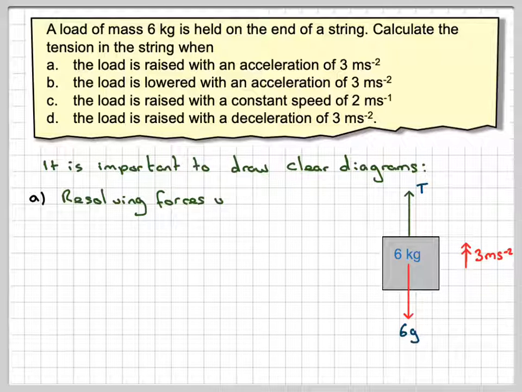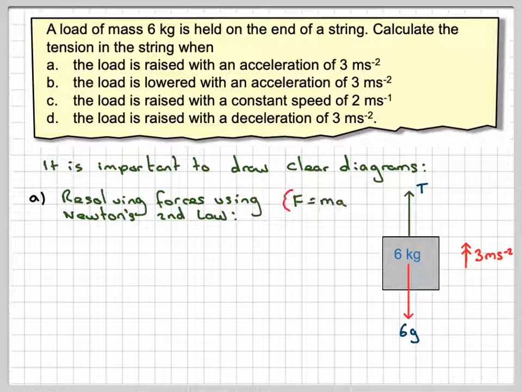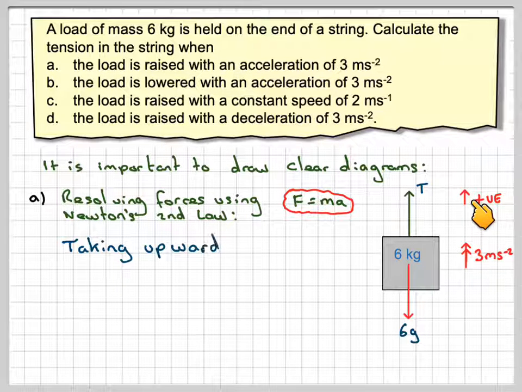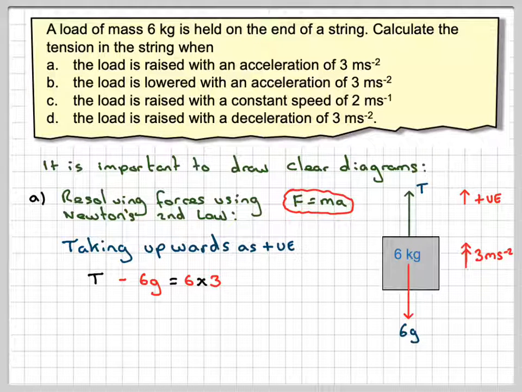So, resolving forces using Newton's second law. Newton's second law says F is equal to ma, and we're going to take upwards as positive. Resolving the forces, T minus 6g, because T is acting upwards and 6g is acting downwards, is going to be equal to mass, which is 6, times the acceleration, which is 3.